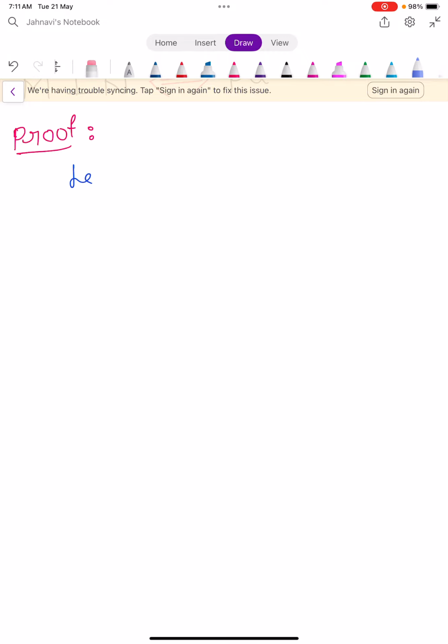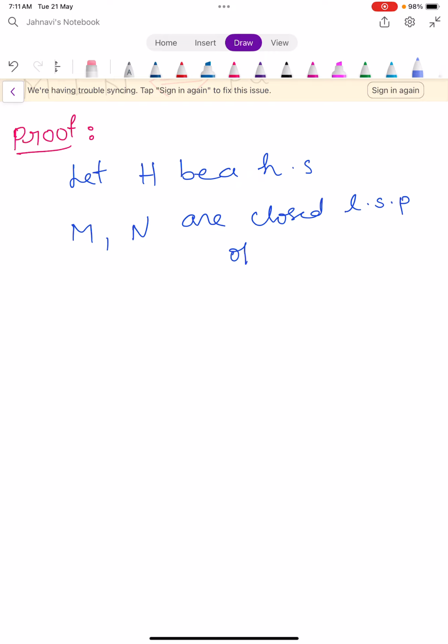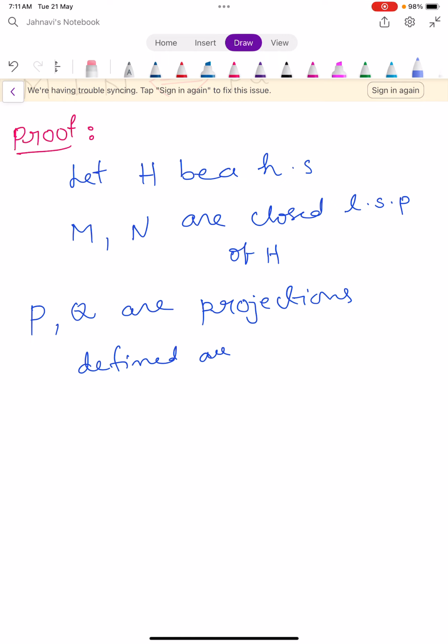Let capital H be a Hilbert space, capital M, N are closed linear subspaces of capital H, capital P, Q are projections defined on Hilbert space capital H, but particularly on M and N respectively.